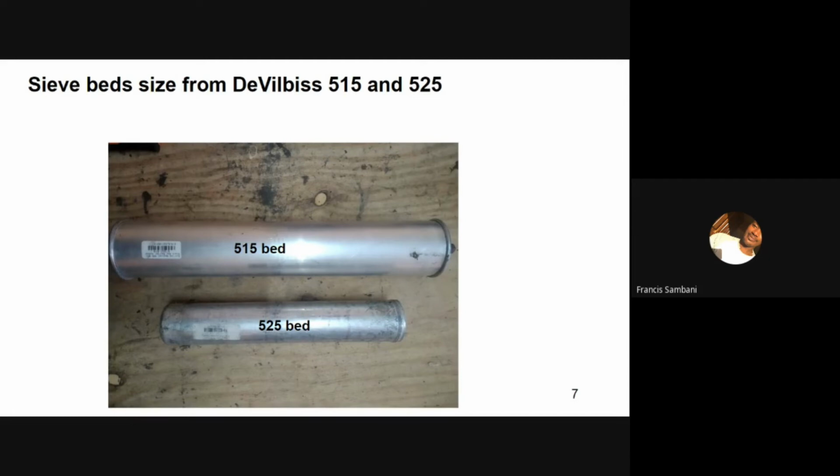But you still end up producing 5 liters per minute of oxygen at the same purity, 95.6%, if both machines are new. It is also important to note that the size of the two concentrators themselves is different. The 515 is much larger than the 525.